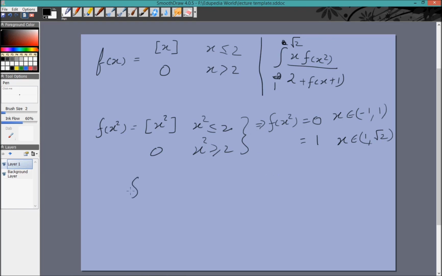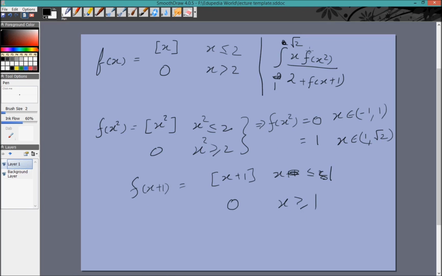From 1 to root 2, f(x + 1) would basically be the greatest integer of x + 1 if x + 1 is less than or equal to 2, that is x less than or equal to 1, which we don't need, and it would be 0 if x is greater than or equal to 1, and we just need from 1 to root 2, so f(x + 1) is 0, right?